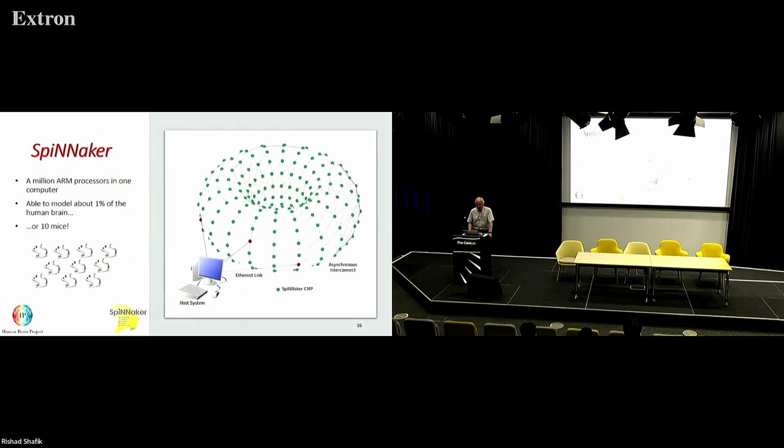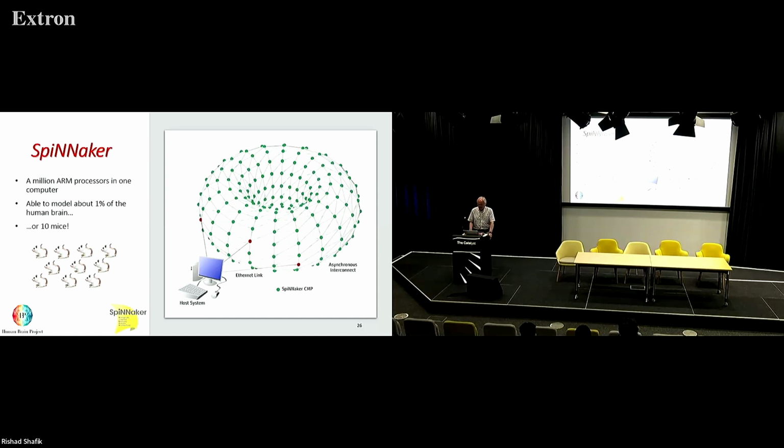So I said I'd mention Spinnaker. I guess most people have some idea what Spinnaker is about, but for the last 20 years we've been building this machine with 1 million ARM processors, primarily aimed at brain modeling applications. Even with 1 million processors, you get nowhere near the scale of the human brain, but somewhere approaching the scale of a mouse brain.